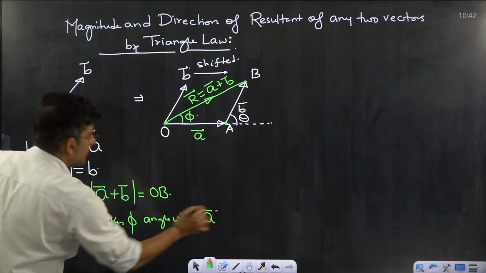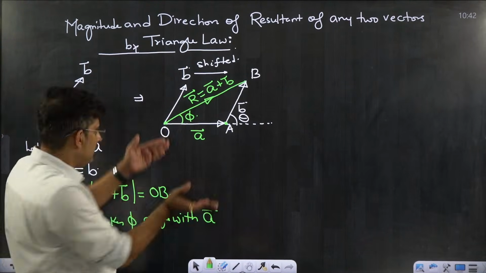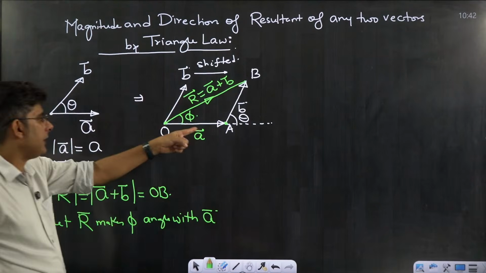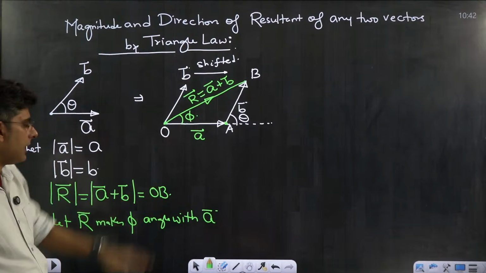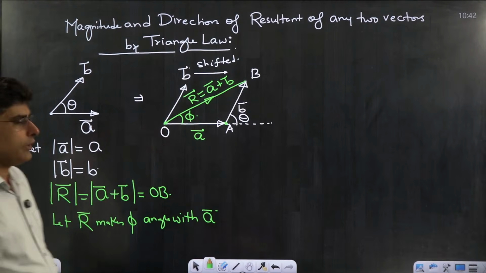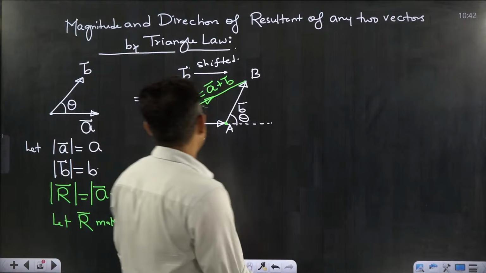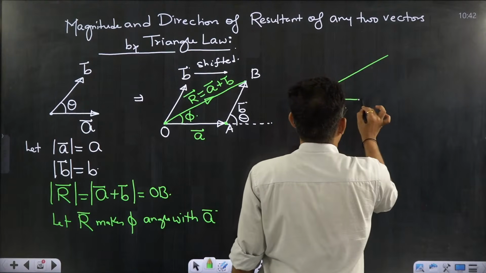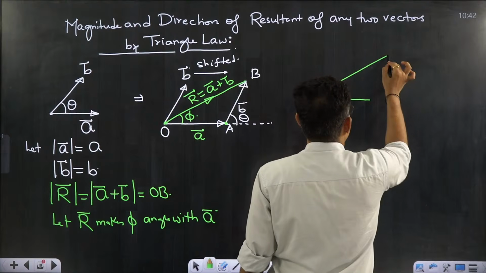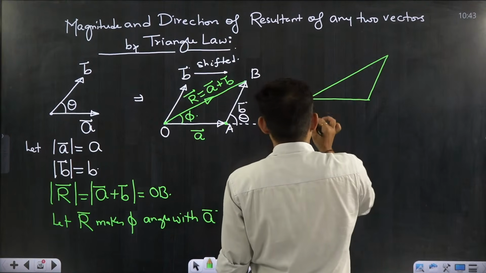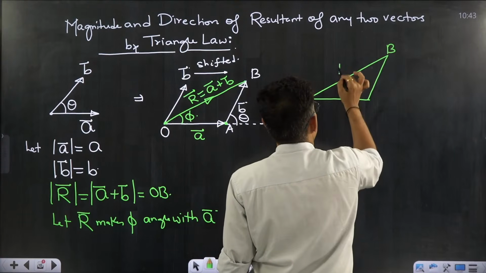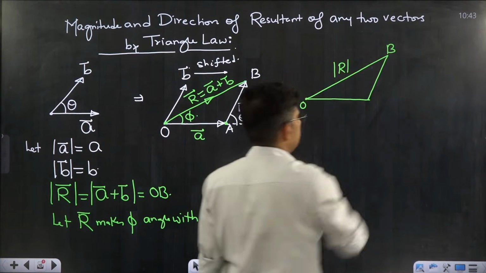A vector. Again you will say, sir, angle we take between tails. You can see, yes, tails I have taken. So it is phi. A vector and R vector tails are making angle phi. So these two I have to find. How? Let's see. For that we make a small construction. See what is the construction we are making. Now this side OB I have to find, which I said is the magnitude of R vector.